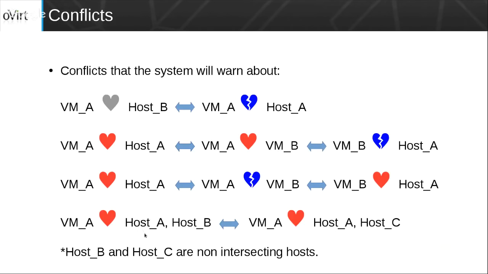We can say that the clear host that needs to be run on is host A in both groups, but host C is not contained on the left side, and host B is not contained on the right side. We have no intersection here, so it's a bit unclear where the VM should run, let's say in case host A is not up. So this is also a possible conflict.